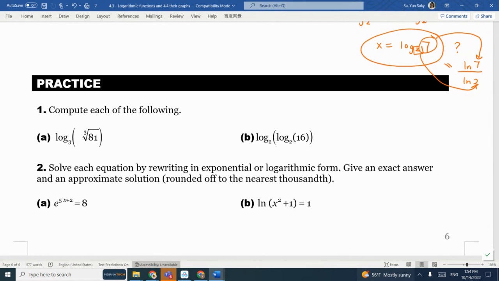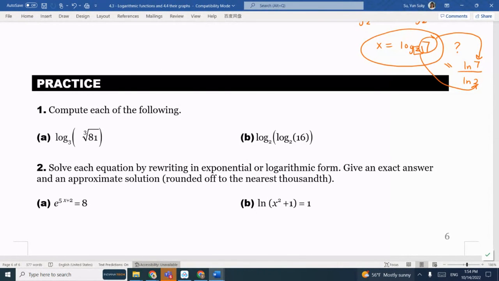Yes. And what's 9? 9 is 3 squared, right? So this is 3 to the 4th, because 9 is 3 squared, and this squared is 3 to the 4th.